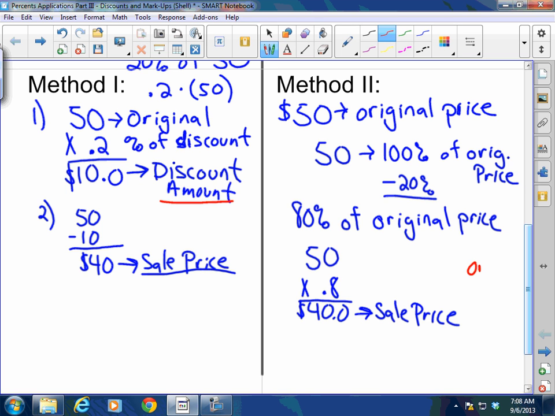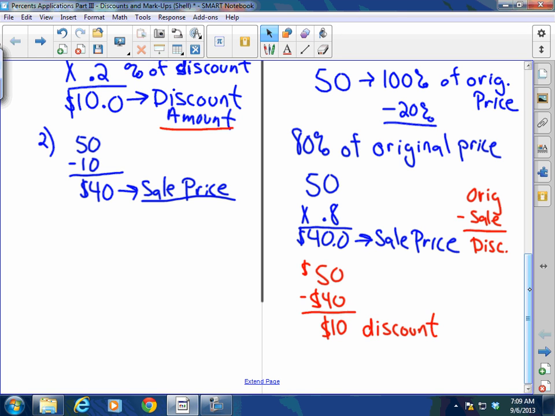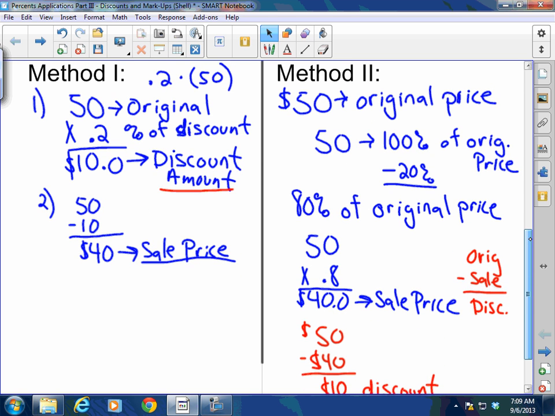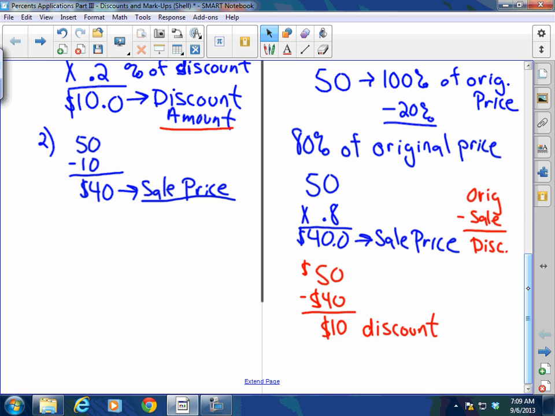If you go original price minus sale price, that will give you the discount. So in this example, the original price was $50 minus the $40 sale price. You had a $10 discount. And it's that easy. Okay? Be familiar with both methods. Sometimes I use both methods interchangeably. So it really depends on you. Okay. Let us continue here now.